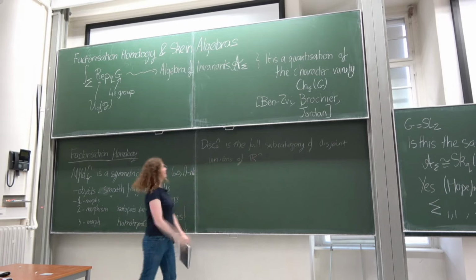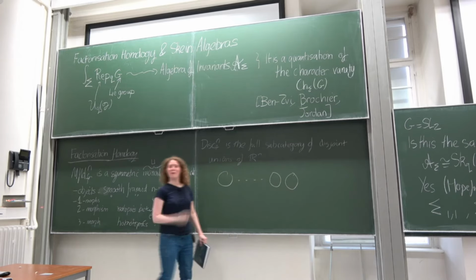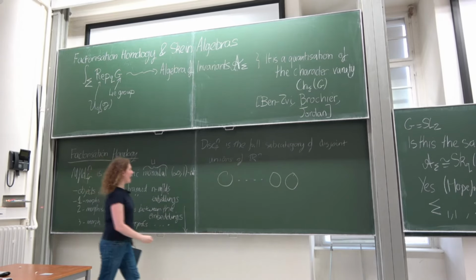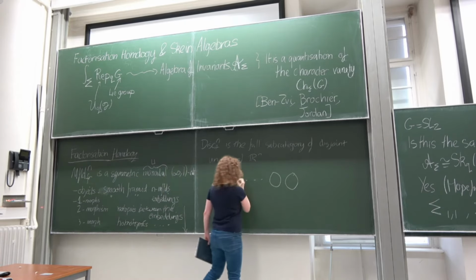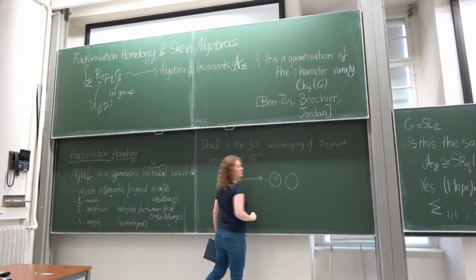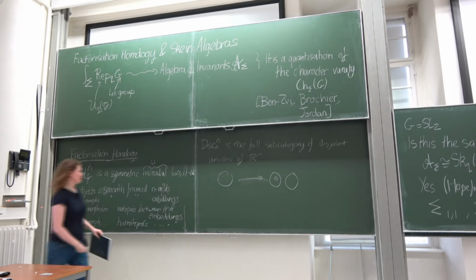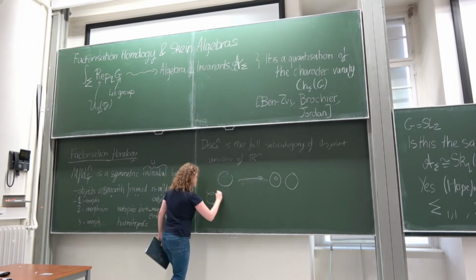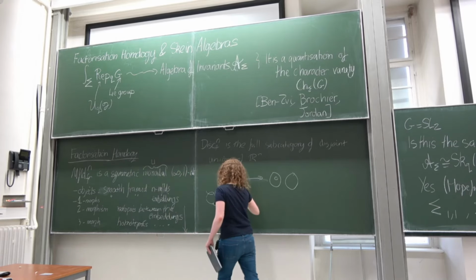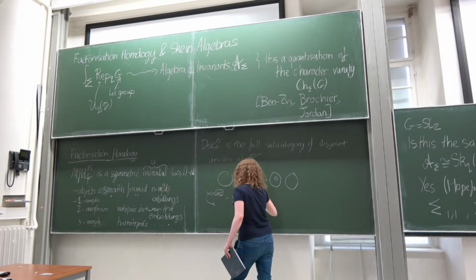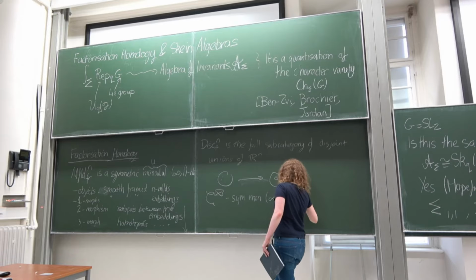So basically, Disk is some collection of disks, or balls in general in a higher dimension, and the embeddings of disks into other disks. So for example, the embedding of, say, this disk into that disk. That will do. Okay, and I also need just a random category, C, which is a symmetric monoidal infinity one category.